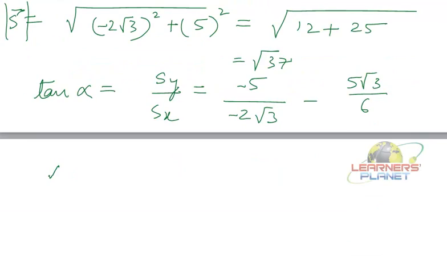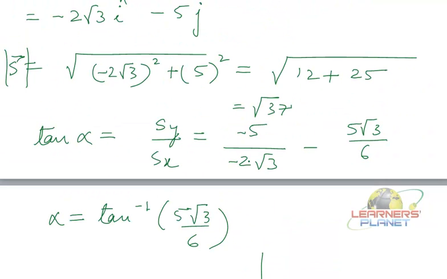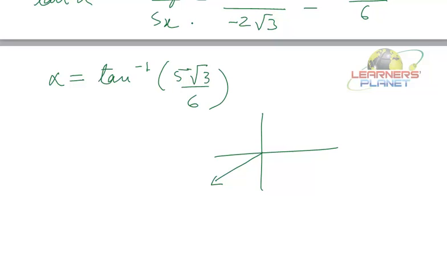So the angle alpha is tan inverse of 5 root 3 by 6. So the final vector is somewhere here in the third quadrant, because both the x coordinate and the y coordinate are negative. So it is in the third quadrant, and the angle that it makes with this axis is this much. This angle alpha is given like this.